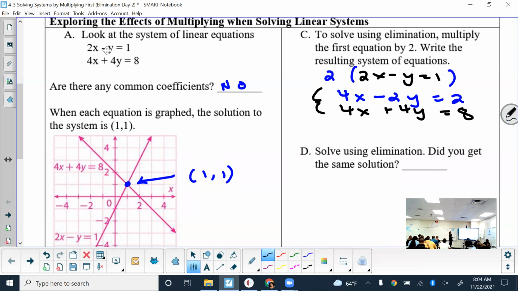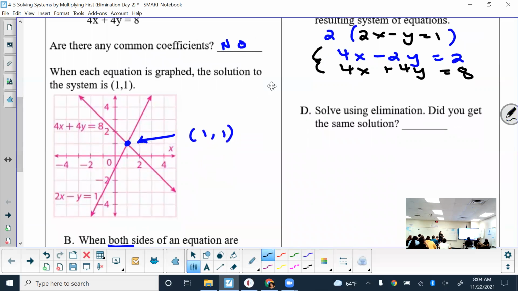All right, so here's my new system. You can solve this using elimination. That's what you learned Friday. So how can I get these to cancel out? Adding or subtracting? Good, do the ones with the same coefficient have the same sign? Yes, they're both positive.